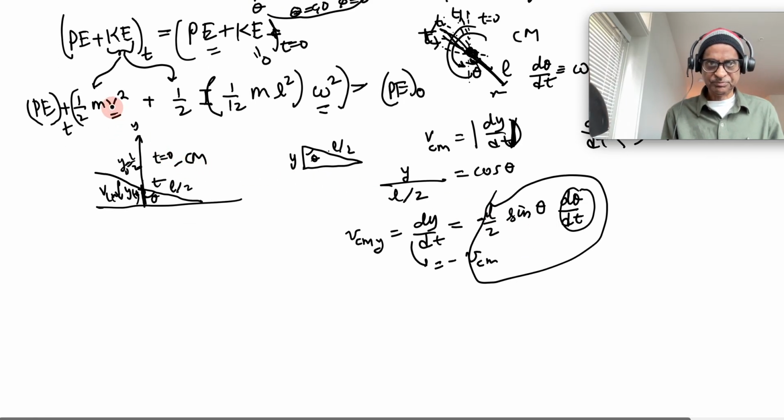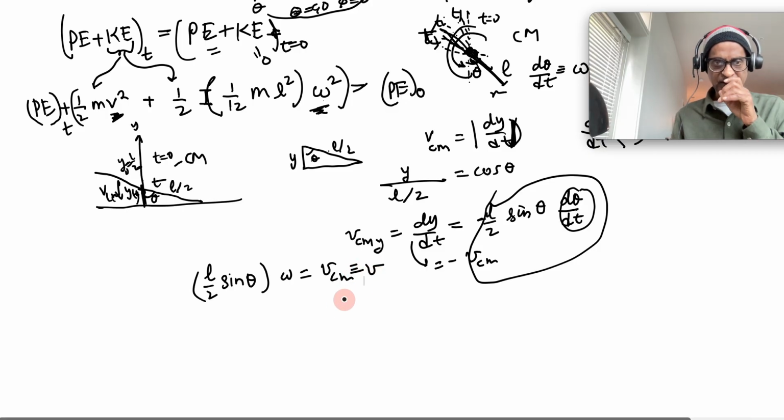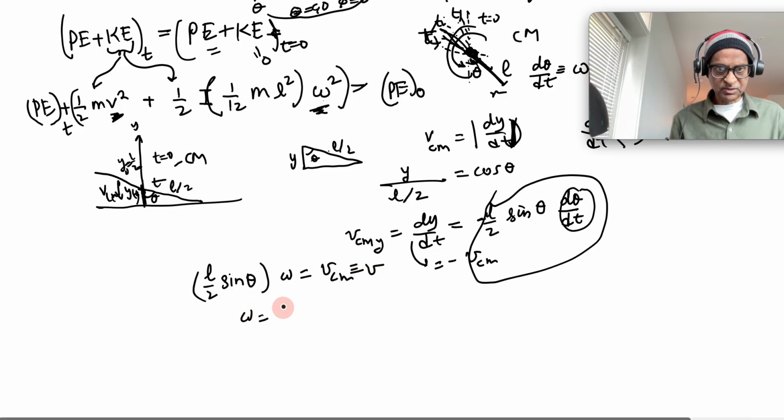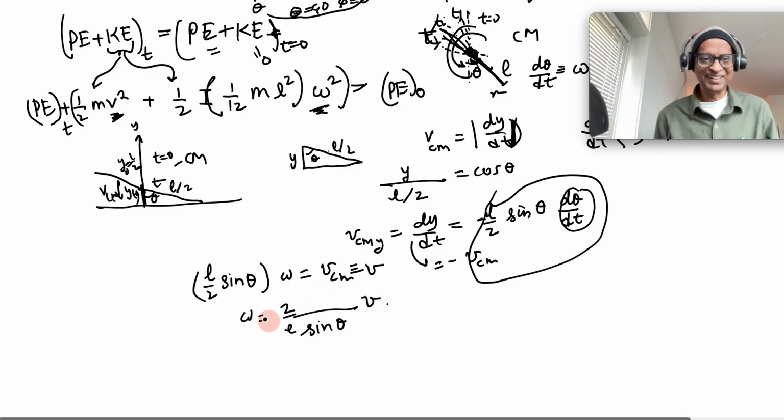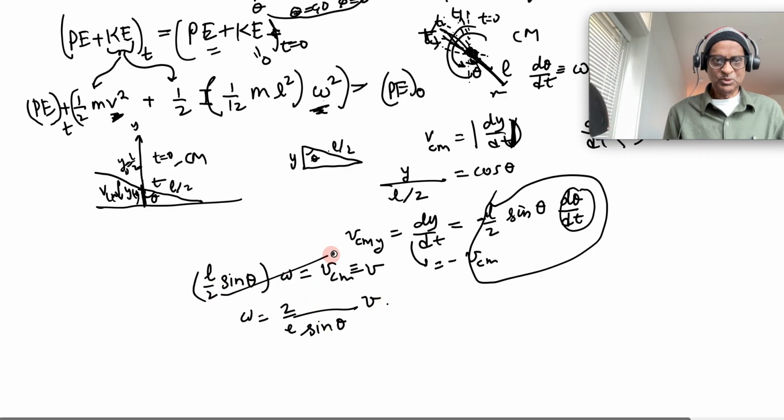Because we just want V, we can replace omega by this. L over 2 sine theta times omega is VCM, which of course I'm calling V. So the omega is 2 over L sine theta V. Now make sure the 2 goes upstairs and L over sine theta goes downstairs.